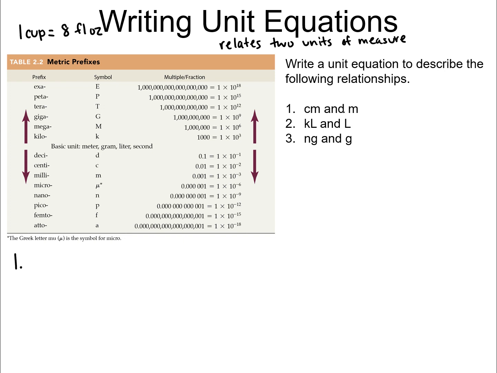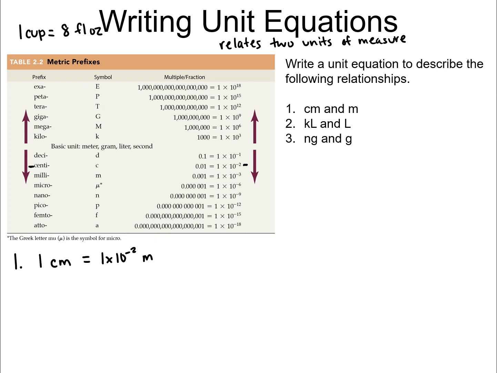We need to write a unit equation to describe the relationship between centimeters and meters. I find centi on the chart. If I have 1 centimeter, it's equal to 1 times 10 to the minus 2 meters.